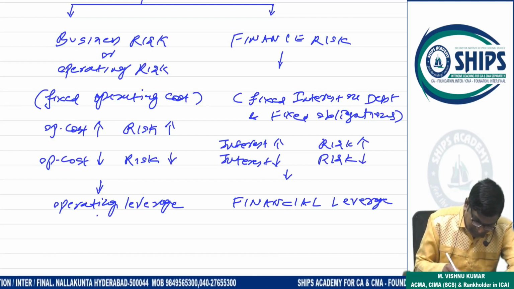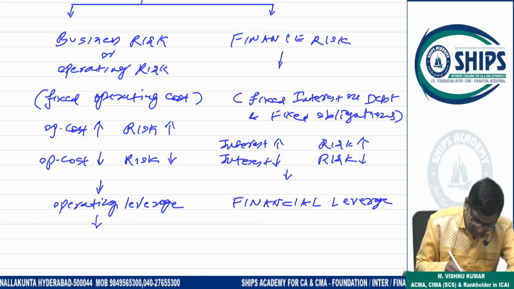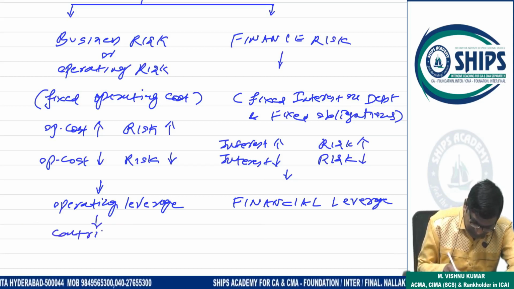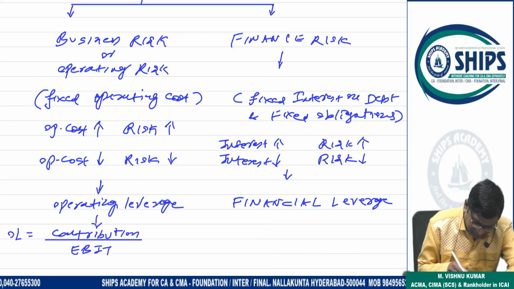So operating leverage can be calculated in two different ways. First way is contribution divided by EBIT. This is the first formula.